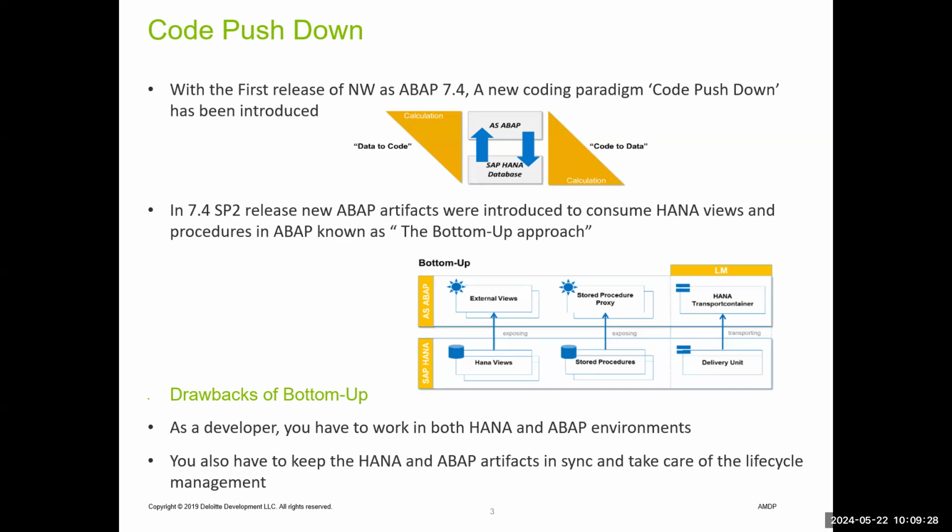What is top down? In ABAP, when we write any kind of select query, the select query gets executed on the application level. I hope you have an idea of the layers in SAP R3: the presentation layer, the application layer, and the DB layer, where our database resides.